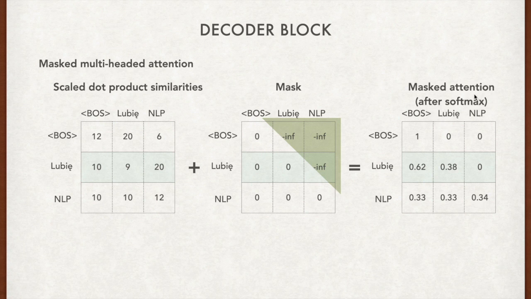So when we build the context vectors, the value vectors assigned to lubię and NLP won't be used at all because these will be multiplied by zeros. The same applies to subsequent steps. The word lubię now sees itself and the BOS token, while the word NLP sees the whole sequence. This small modification results in the masked multi-head attention.